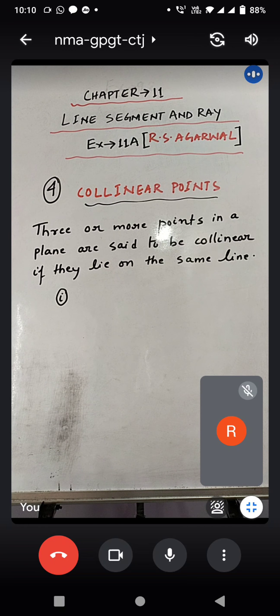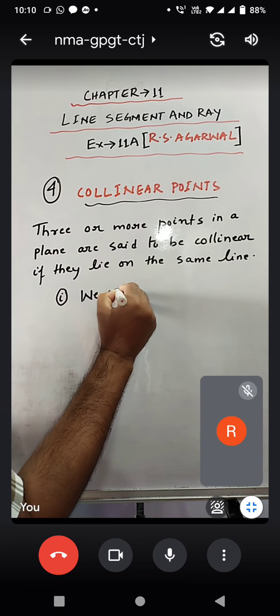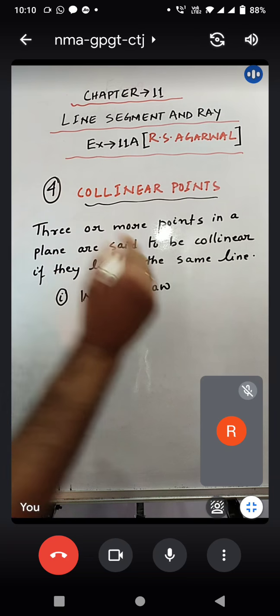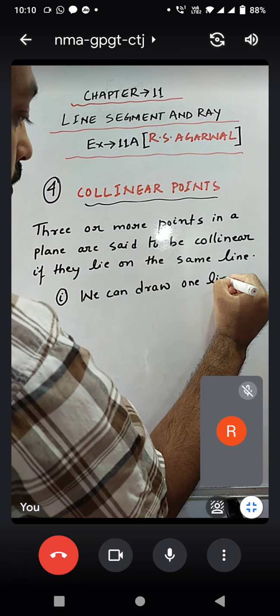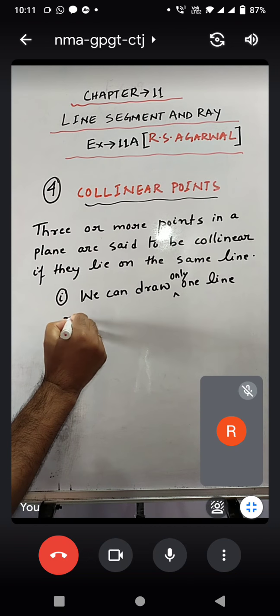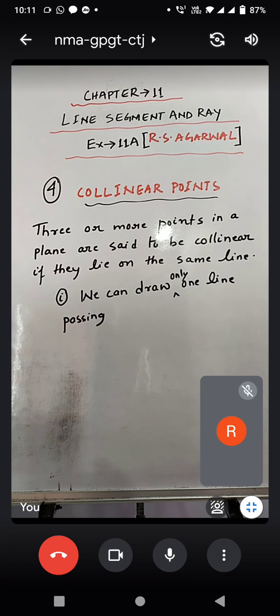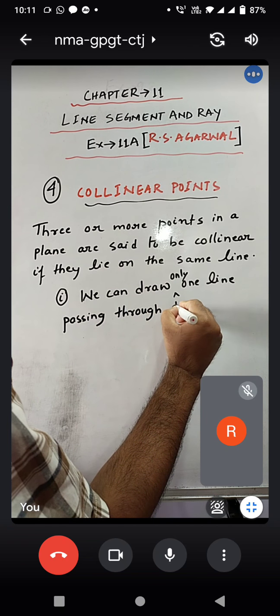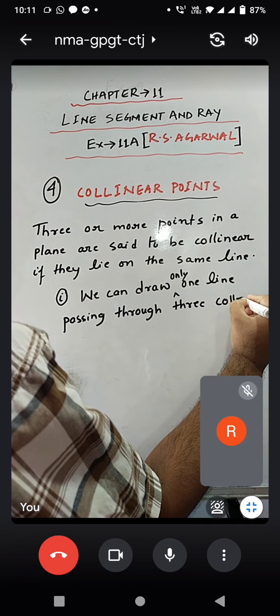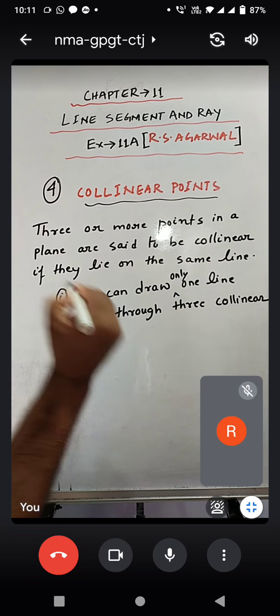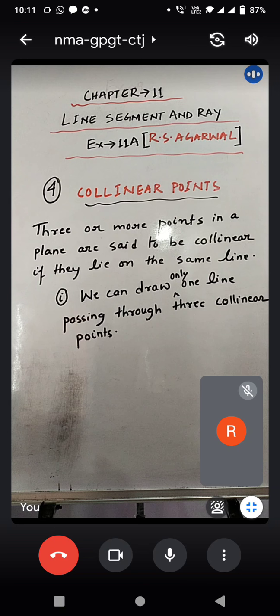Your answer would be: we can draw only one line passing through three collinear points. So this is the solution of sum number 1.